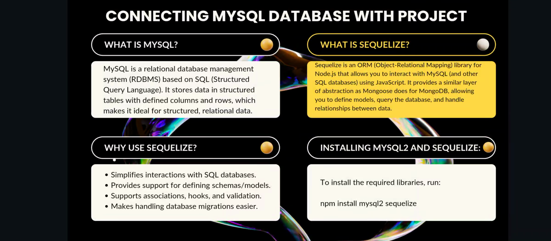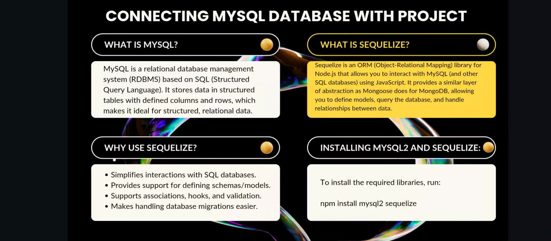And what is Sequelize? Sequelize is an ORM library for Node.js that allows us to interact with our MySQL database using JavaScript. It provides a similar layer of abstraction to what Mongoose does for MongoDB, allowing you to define models, query the database and handle relationships between the data.